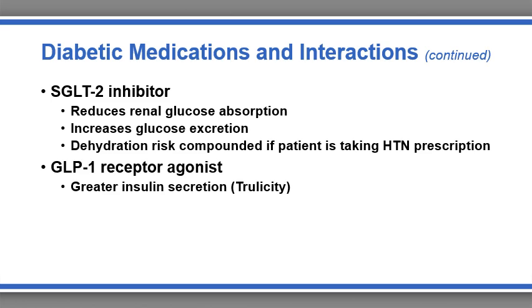So your GLP agonists are very popular medications now. Your dulaglutide or Trulicity is one of the more popular ones that you see with this. And again, sometimes people do utilize these for weight loss, but you have to be careful with that because there could be potential side effects as well.